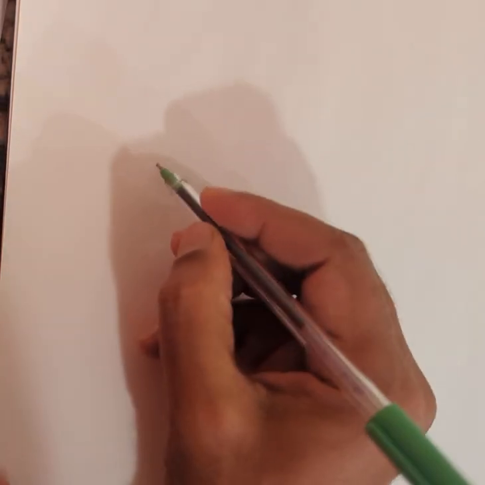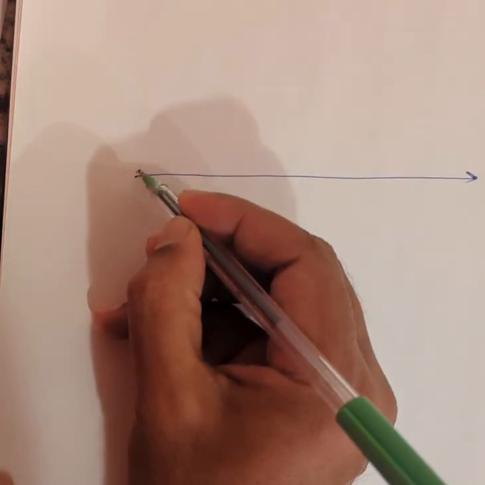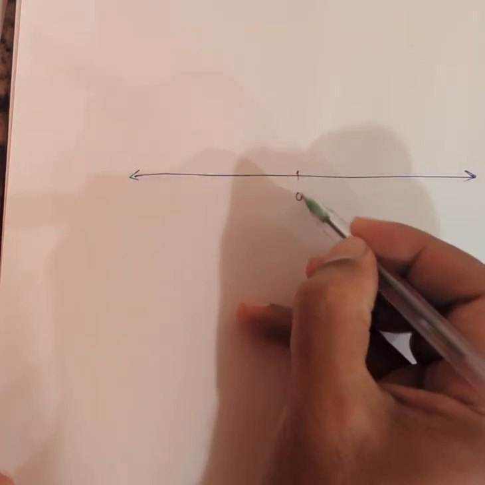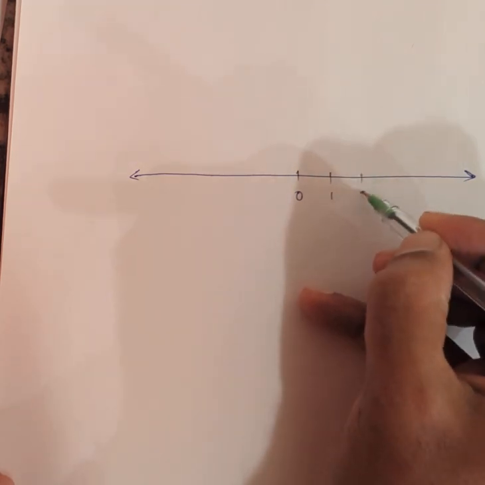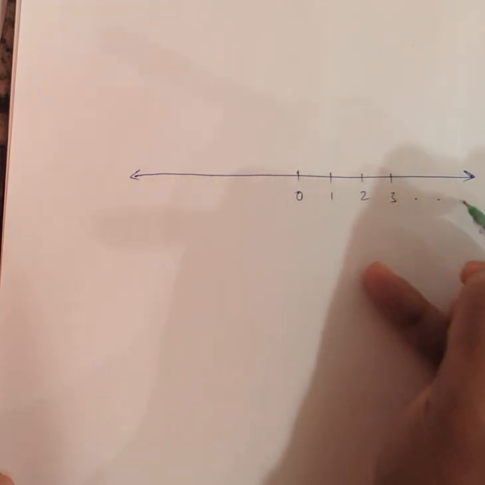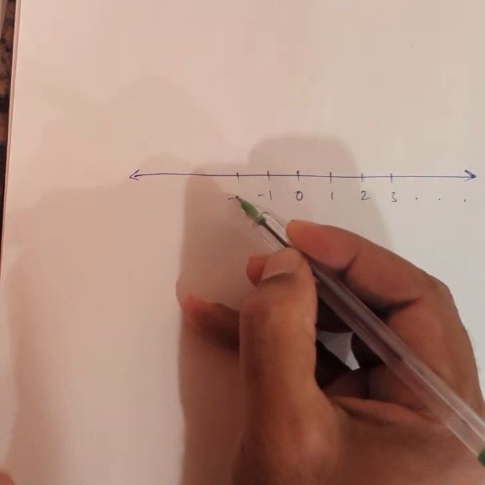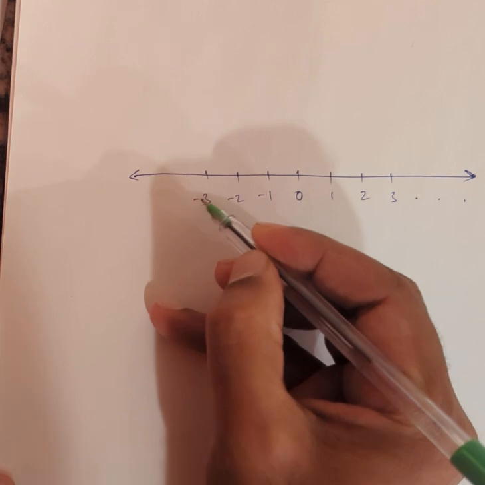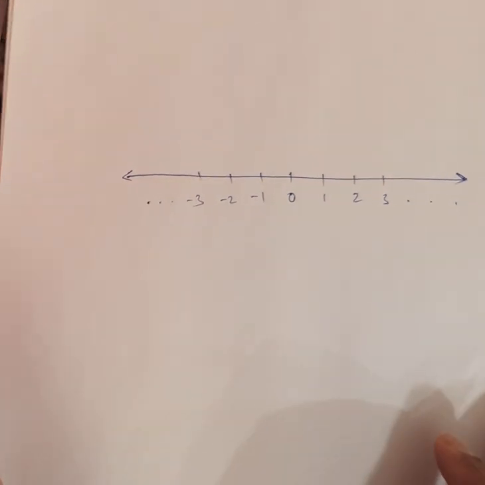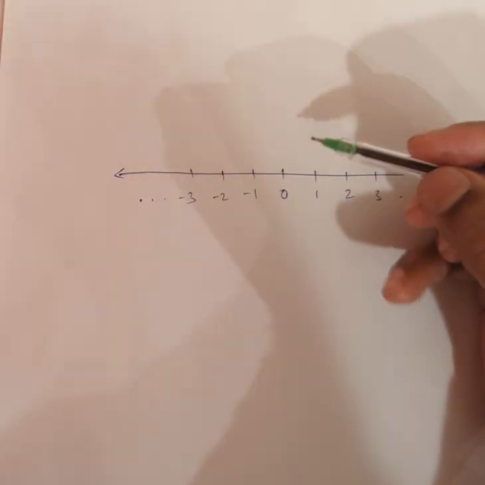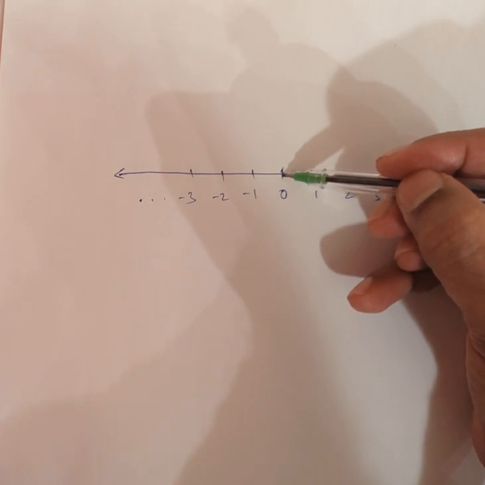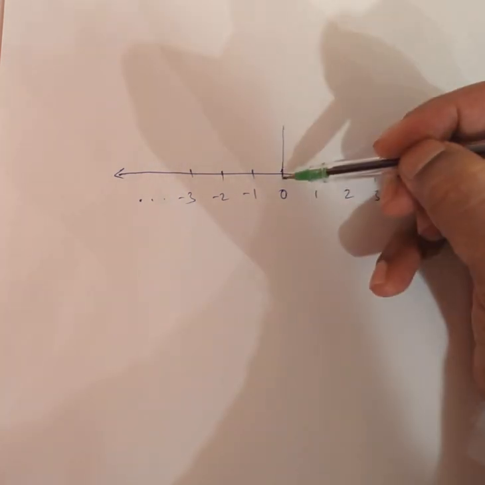Now, going back to our number line, this was our real numbers: 0, 1, 2, 3, and so on. So all of our numbers were along this line. But now what we do is we draw a perpendicular line at 0.